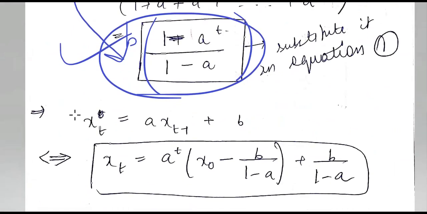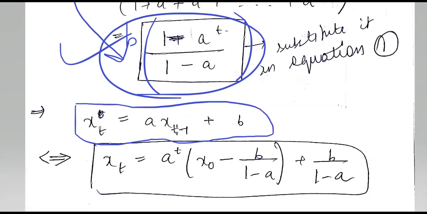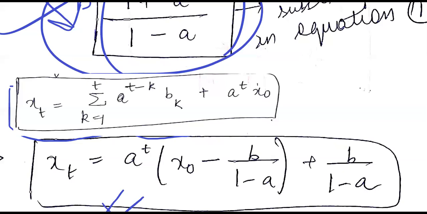So for writing the final answer of xt is equal to a xt minus 1 plus b, my answer of the difference equation becomes this. Okay. So remember, this is the solution that I had got from solving the difference equation. Instead of all bk's, I wrote b. After solving it, I got this part.